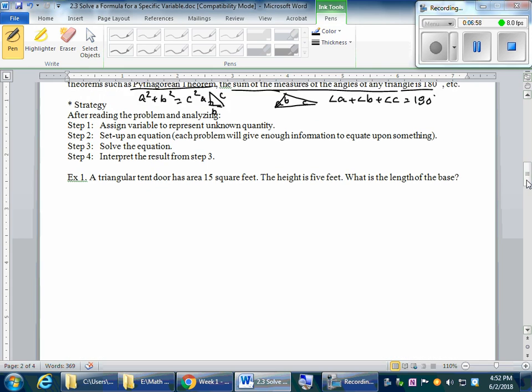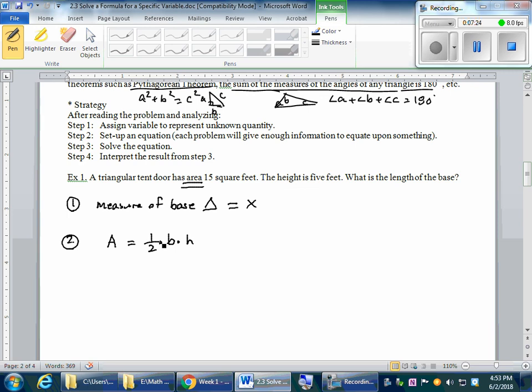What is the length of the base? So in this case, what we don't know is the base. So I will say that the measure of the base of the triangle, let that be equal to x. Now, since we are talking about area, you need to remember the area of a triangle. That's the formula, which is 1/2 base times the height.